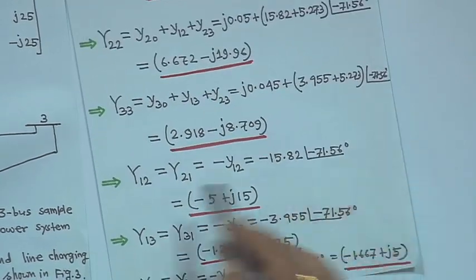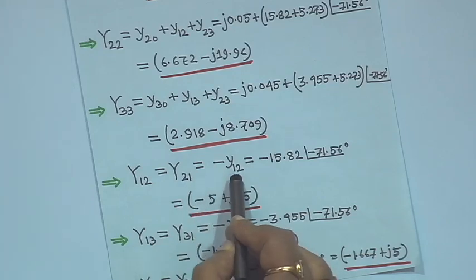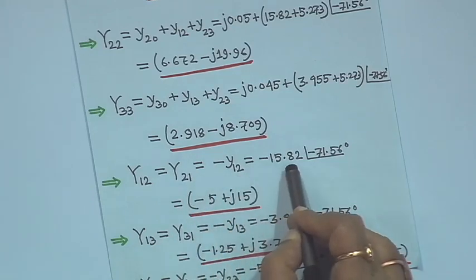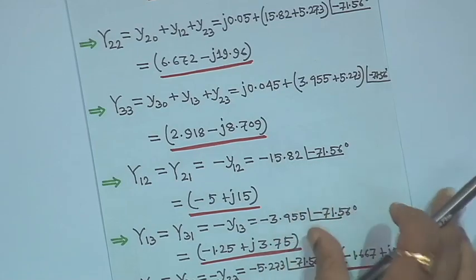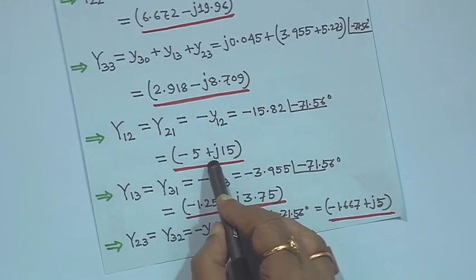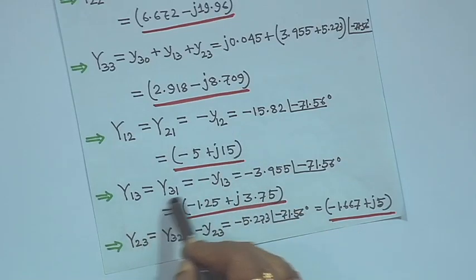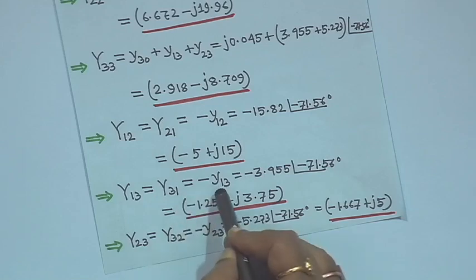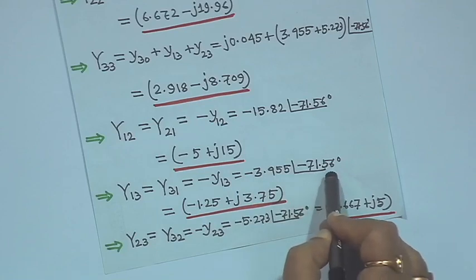Now, the off diagonal elements. Capital Y12 is equal to capital Y21 is equal to minus small y12, it will be minus 15.82 angle minus 71.56 degree, that is actually minus 5 plus j 15, right. Similarly, capital Y13 is equal to capital Y31 is equal to minus small y13, it will be minus 3.955 angle minus 71.56 degree.